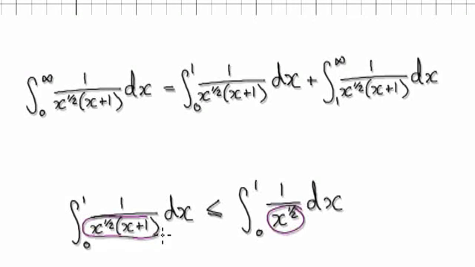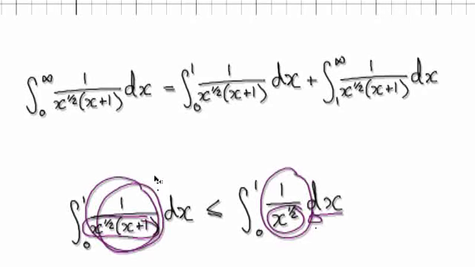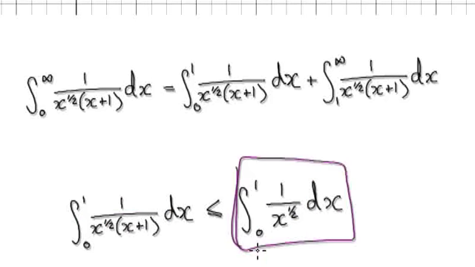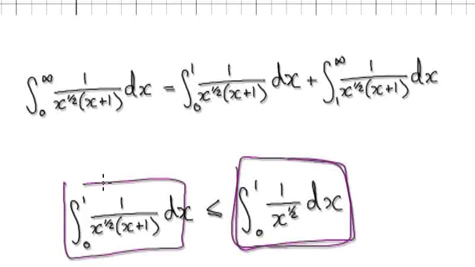Well, if this denominator is smaller, then the overall thing here will be bigger than the overall thing here. So we can say that the whole area here will be bigger or equal to this thing here.